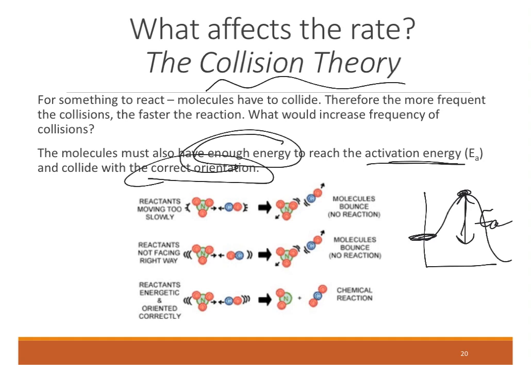So you know that when you have a chemical reaction, you're breaking some bonds, you're making other bonds. Well, if you're making a new bond, then the two atoms involved in that have to be close to each other, right? Or it's not going to happen. So, for example, let's look at the bottom one, which is correct orientation.